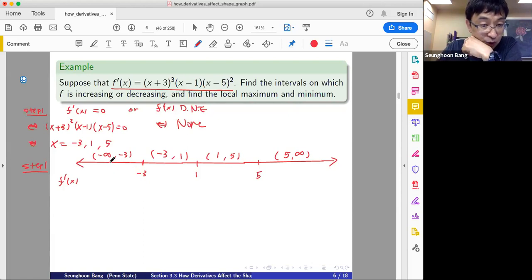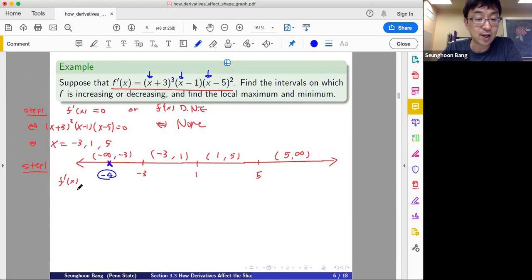You can choose any test point here. The test point is less than negative 3, so I can choose minus 4. You plug minus 4 into x.